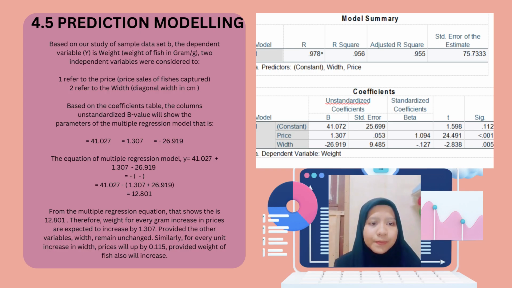Similarly, for every unit increase in weight, price will go up by 0.115, and provided weight of fish will also increase. So that's all for me. Thank you.